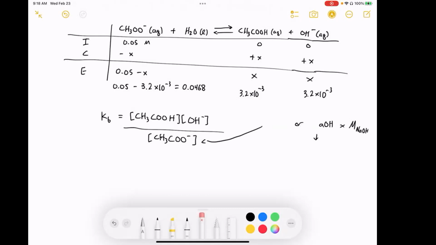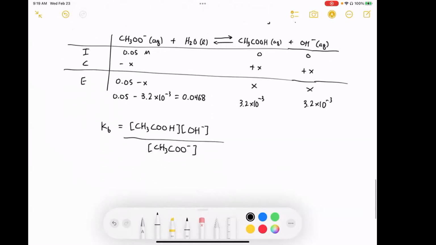So to determine this value, you want to consider the molarity of acetic acid and the volume of sodium hydroxide at the equivalence point, and then you also want to determine the starting volume of acetic acid.